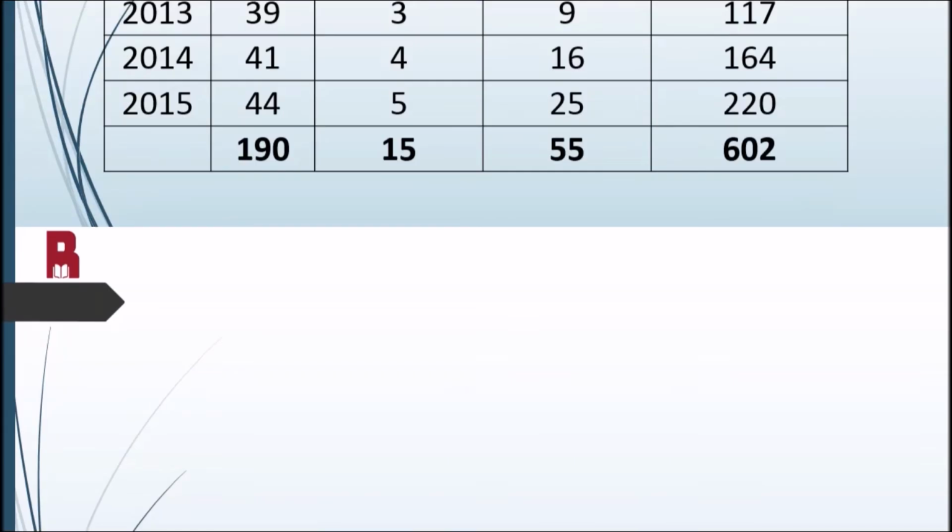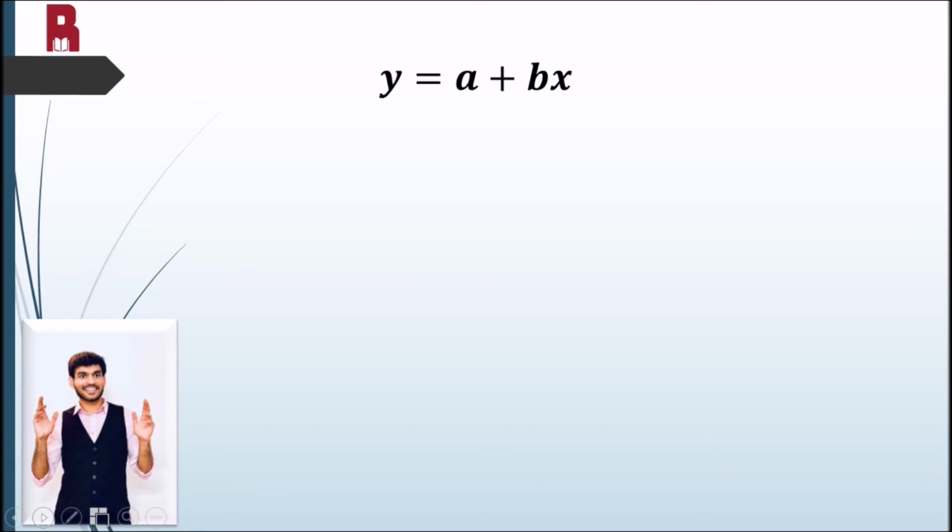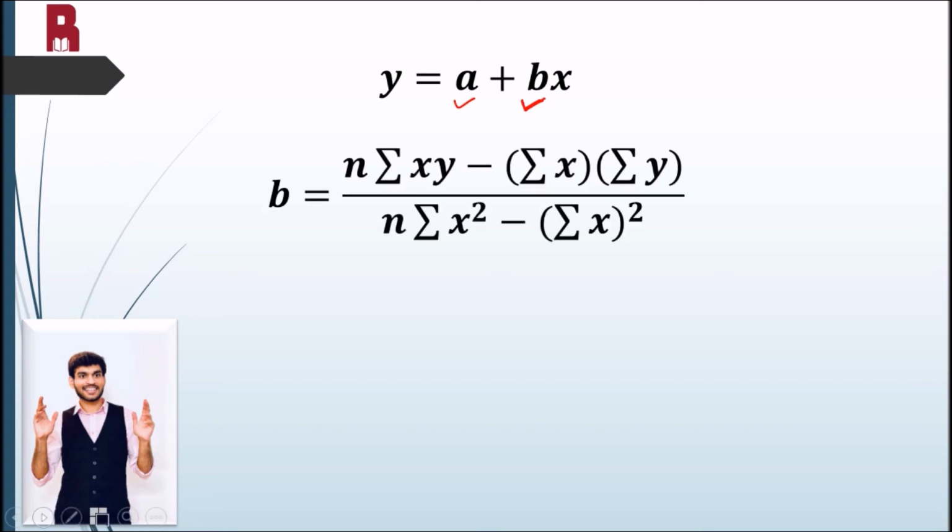Now we will start by writing the regression trend line, that is y is equal to a plus bx. So let us calculate both a and b in this example. First, we will always calculate the value of b, and that is given by the formula b is equal to n summation xy minus summation x into summation y divided by n summation x square minus summation x the whole square.